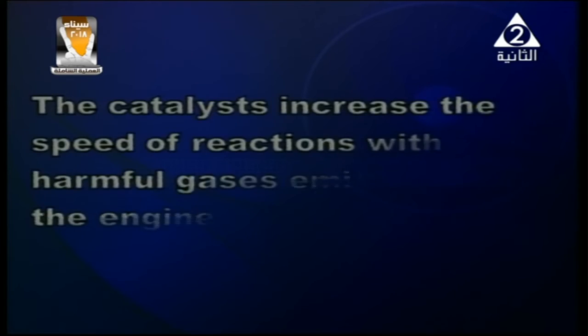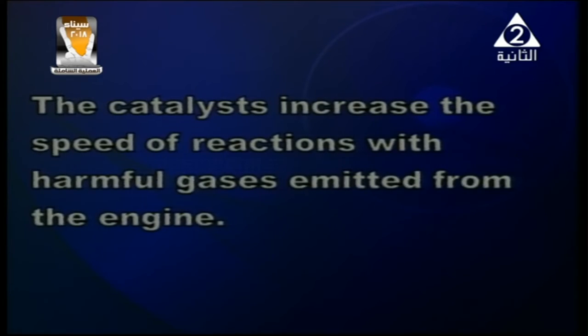This is important: the catalyst increases the speed of the reaction with harmful gases emitted from the engine. Can we use these gases? No. This converter protects us from them.